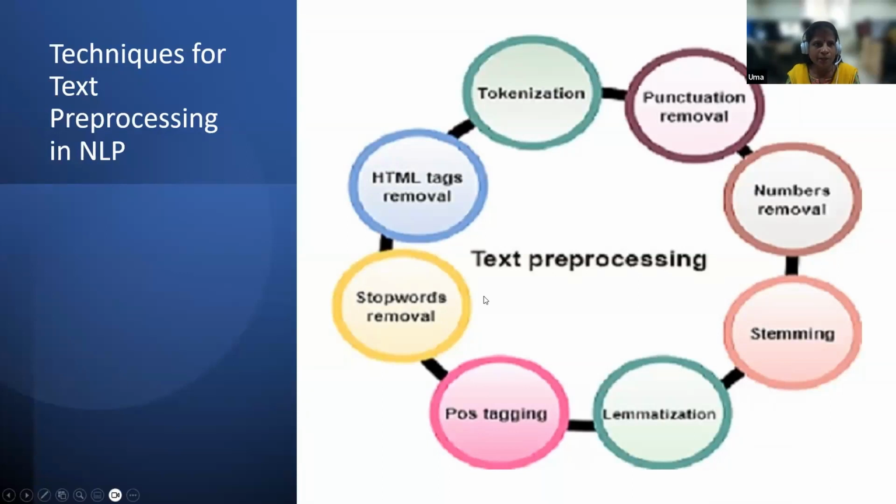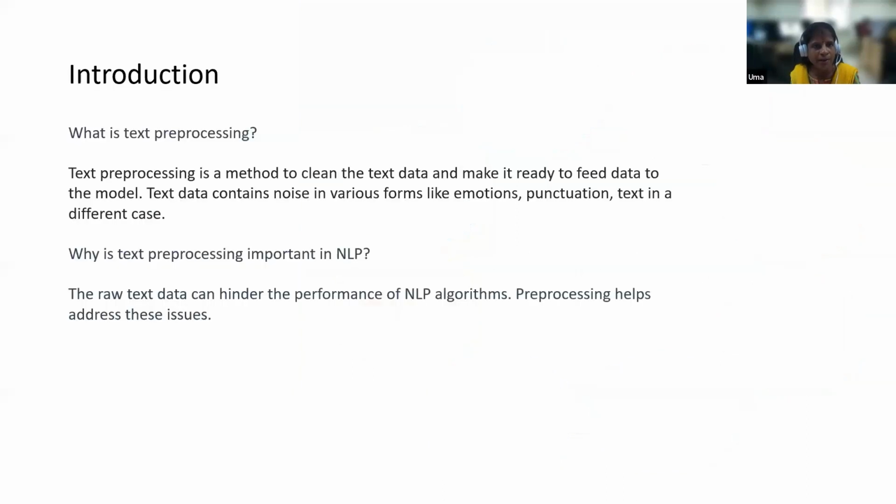So today we are going to discuss techniques for text pre-processing in NLP. We'll start with a small introduction about the topic. Usually text data contains a lot of noise in various forms like emotions, punctuation, and text in different cases.